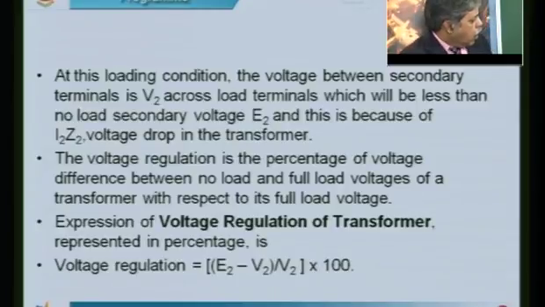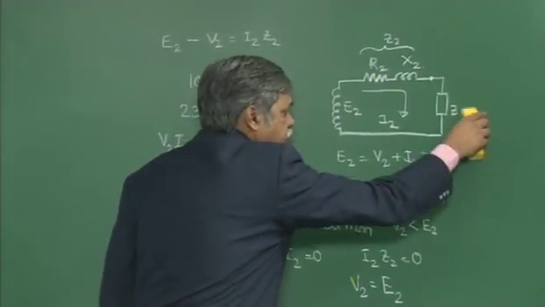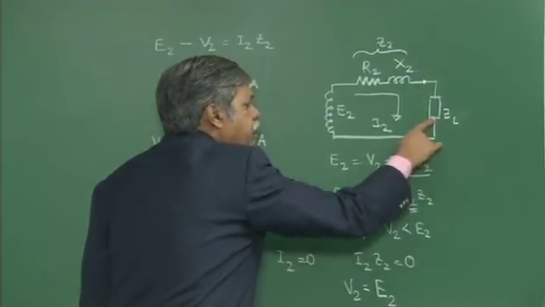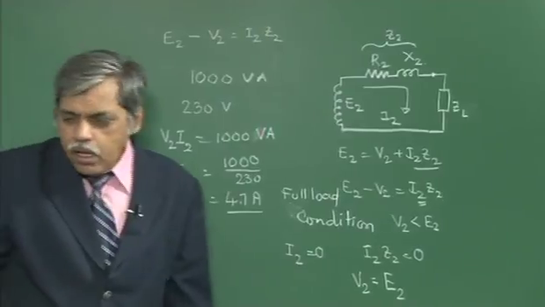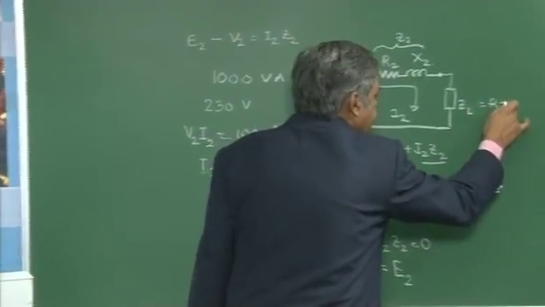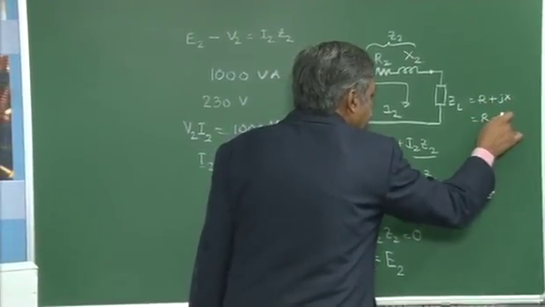Now, why do we have to specify the power factor? I have not mentioned anything about the power factor here, I just simply said the load impedance. This should be ZL, the load impedance. That impedance can be R plus jXL, or I can also have R minus jXC.